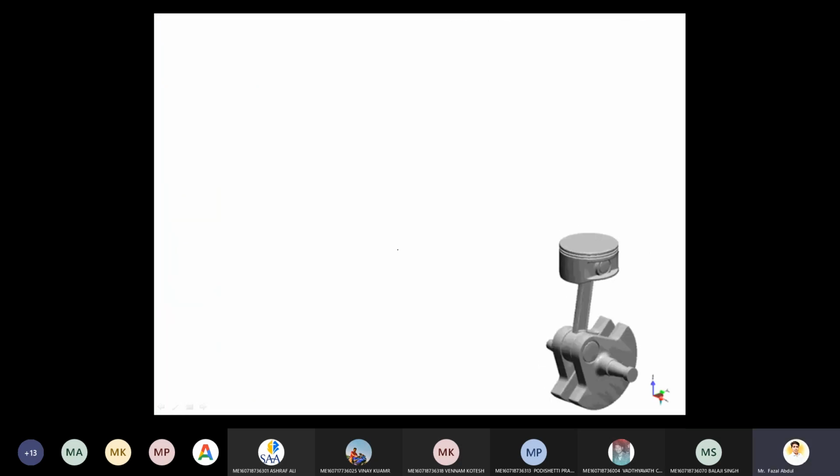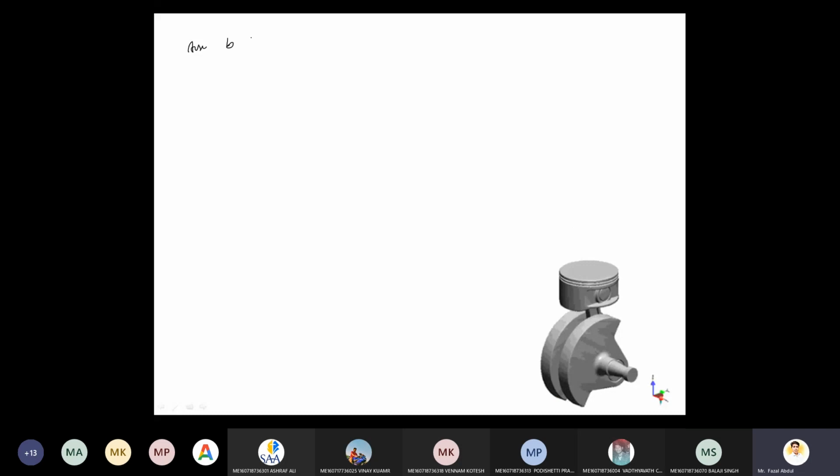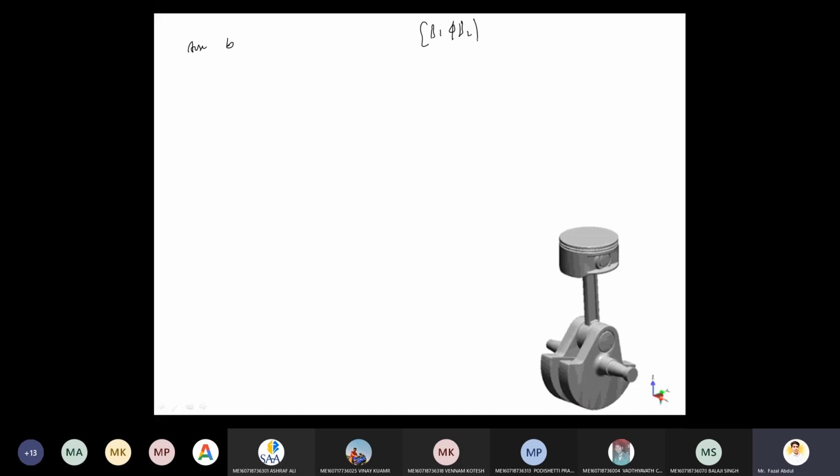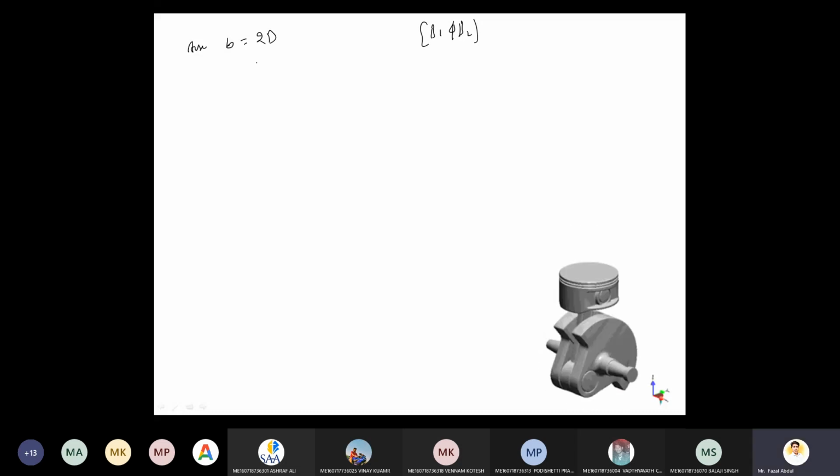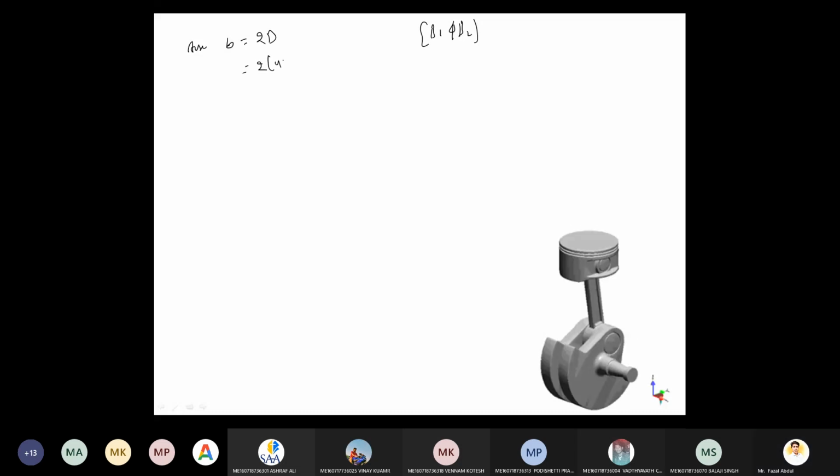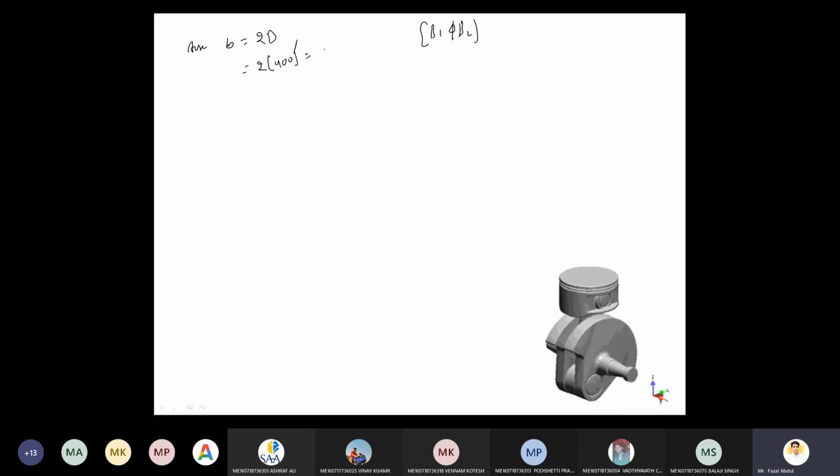Now we are assuming the distance between the bearings. I'm writing here bearing 1 and bearing 2, that is b, equal to twice the piston diameter, that is 2 into D. So how much is the b value? 2 into 400, it means 800 mm.